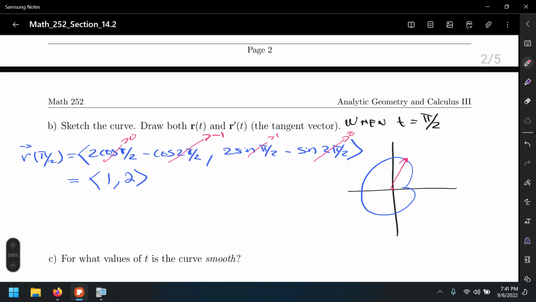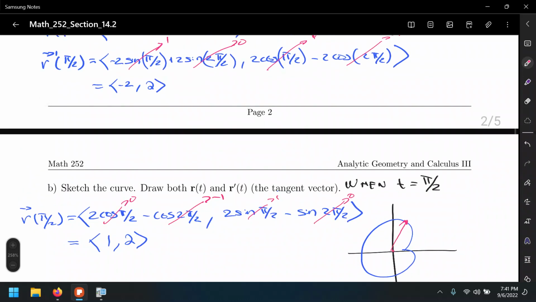At this same point, we are going to draw the derivative vector, which in this case is the tangent vector. It goes in the direction in which we draw this cardioid, which is the positive orientation, or counterclockwise. From this point, we count 2 units to the left in the x direction and 2 units up. So it's going to be roughly this point.